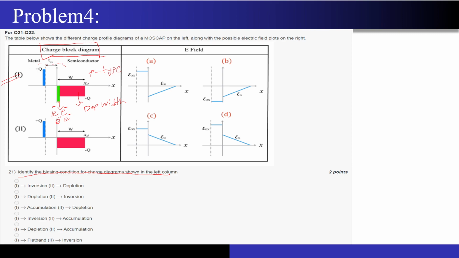After this hint, is the first diagram hinting towards depletion, inversion, or accumulation? First one is correct. And what about the second one? Depletion, exactly. Very good. So this is the correct answer, and this question has been solved.